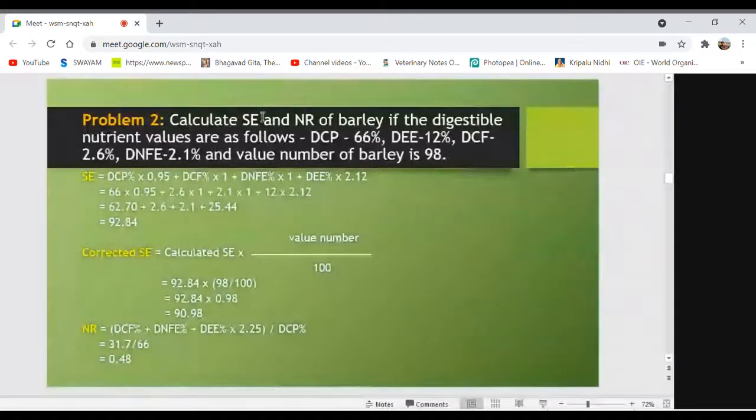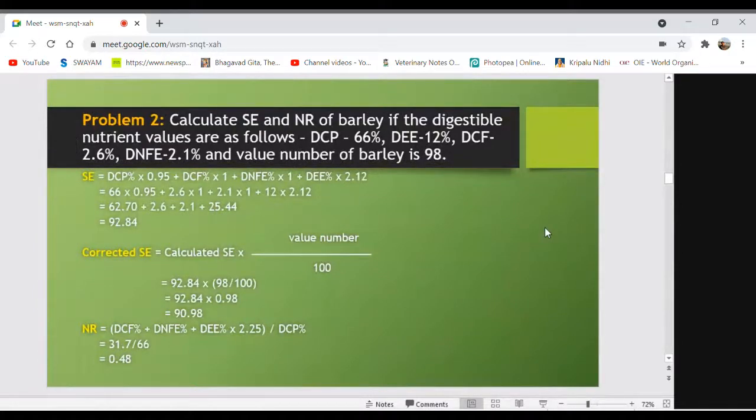Calculate the SE and NR of barley if the digestible nutrient values are as follows. Digestible nutrient percentages are already given: DCP 66%, DEE 12%, DCF 2.6%, DNFE 2.1%, and the value number of barley is 98. In case of concentrates, we have to use the value number or Golden number.